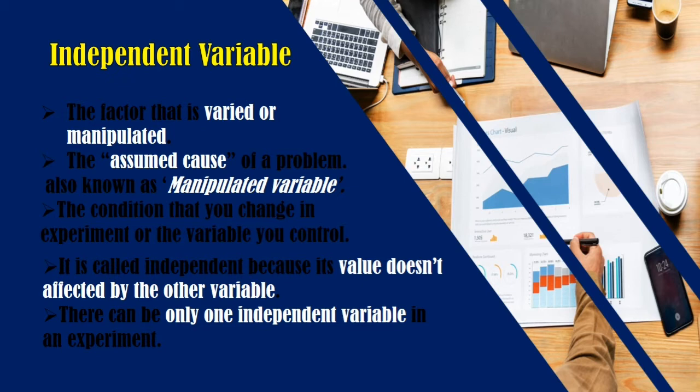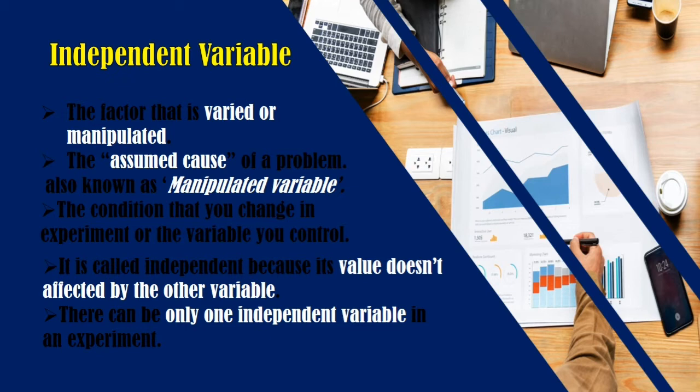In an experimental research, it is the condition that you change or the variable that the researcher controls. It is called independent variable because its value isn't affected by other variables.